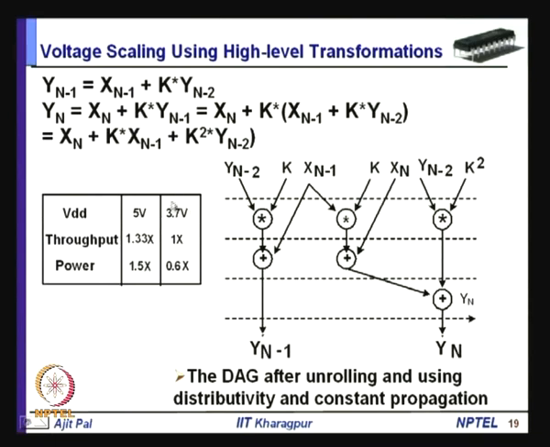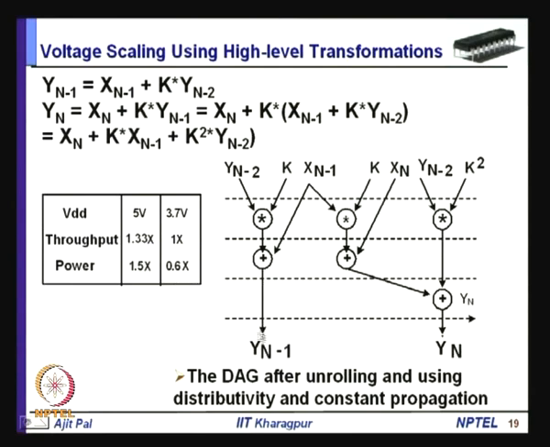So, if we do not do supply voltage scaling, if we operate at 5 volt, then throughput increases by 33%, because we are completing our execution in 3 clock cycles instead of 4 clock cycles. However, at the cost of larger power dissipation. That means we are dissipating 1.5 times that of the original circuit.